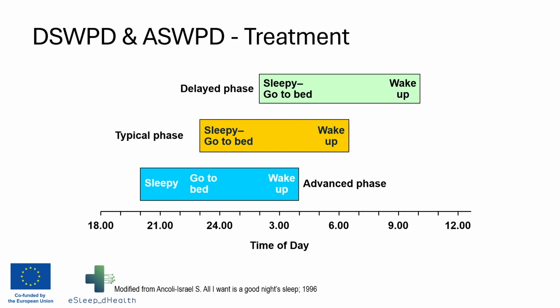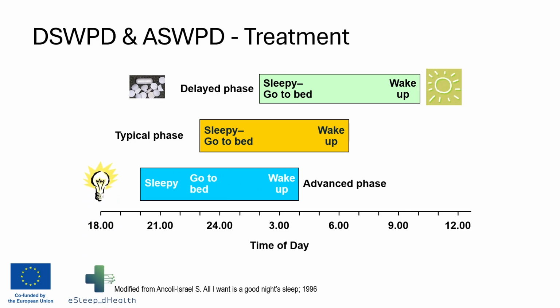But in the case of delayed sleep-wake phase disorder, especially if it's truly circadian-driven, melatonin is probably rising too late in the evening. So you would prescribe low-dose melatonin about 5 hours before their habitual bedtime, and then bright light therapy prescribed about 30 minutes to 2 hours upon awakening, as you can see in the figure there.